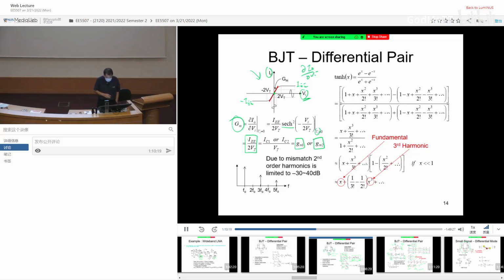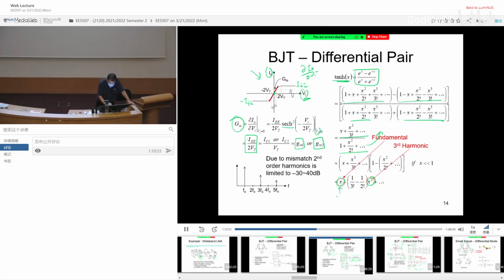Now, the hyperbolic tangent function is this, and you can expand it using the Taylor series. After some algebra manipulation, the numerator becomes like this, the denominator becomes like this. You bring the denominator up and expand them. Eventually you see they only have odd terms. That's why we say a differential circuit only has odd harmonics. What do I mean by odd harmonic?